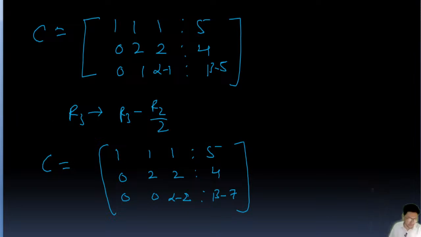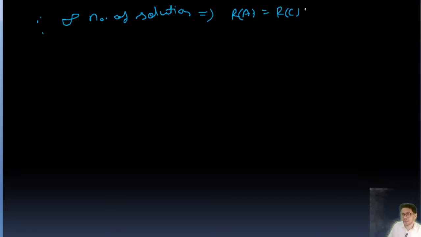Since it has an infinite number of solutions, that implies the rank of A equal to rank of C is less than n. If rank is less than n, that implies this matrix is a singular matrix, or that means determinant of A is 0.